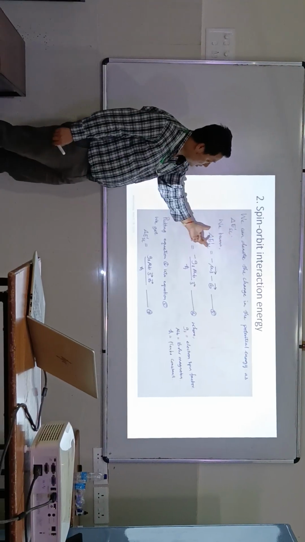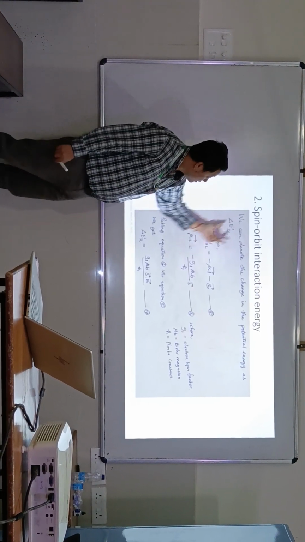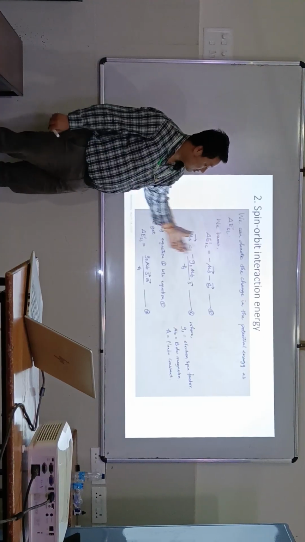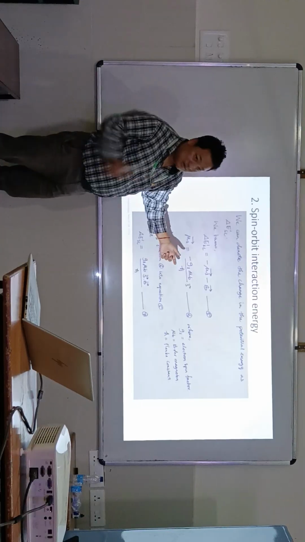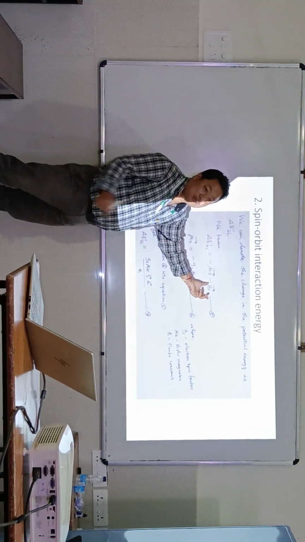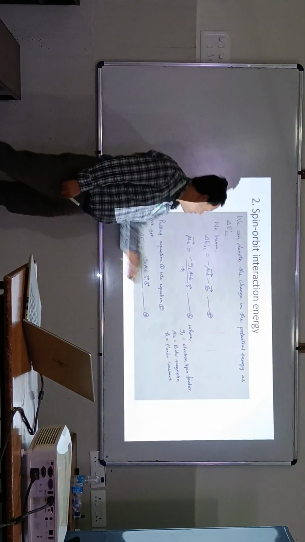So we get the equation that the spin orbital interaction energy is given by the spin magnetic field of the electron minus the magnetic field. That becomes equation 5.